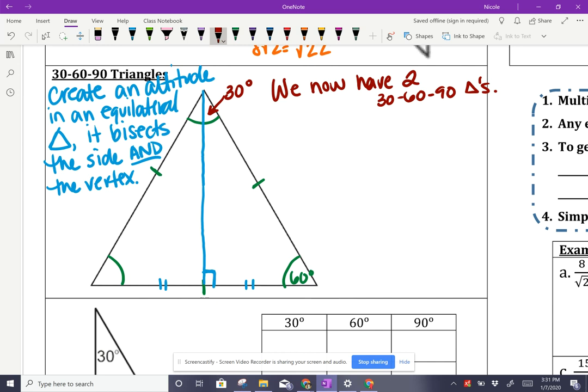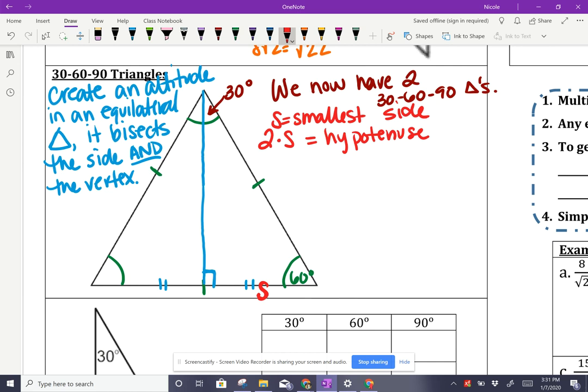So S is always going to represent the smallest side. So S is going to be this here. And 2 times S is going to equal the hypotenuse.